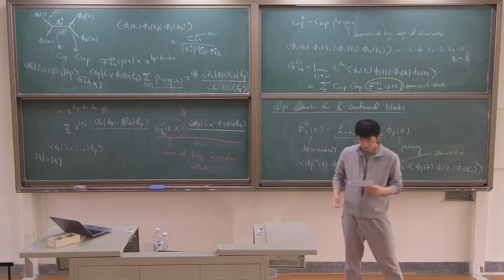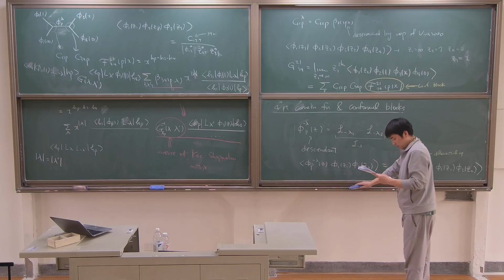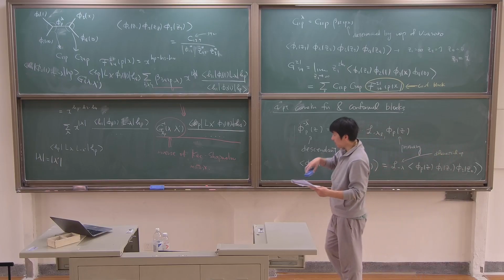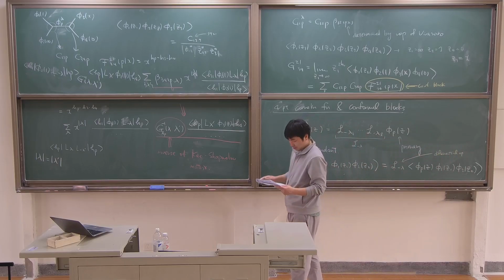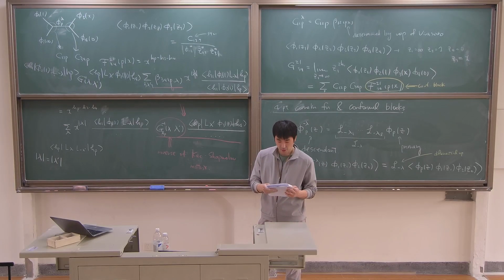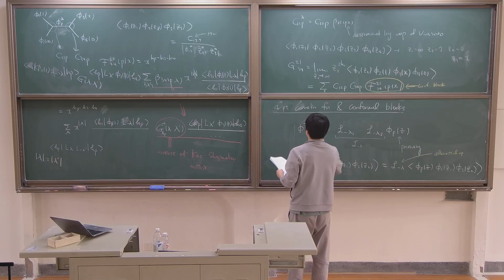And you can compute this one by one, or even use Mathematica and so on. I don't think I have time to explain each derivation, but I can just write down some results.